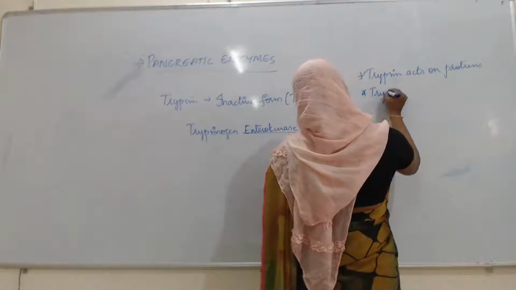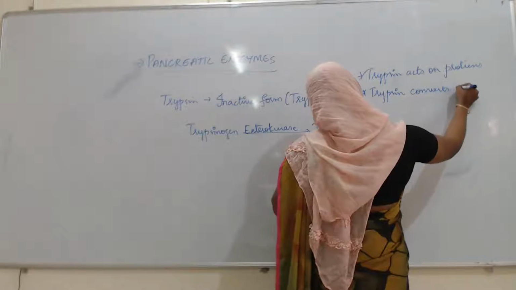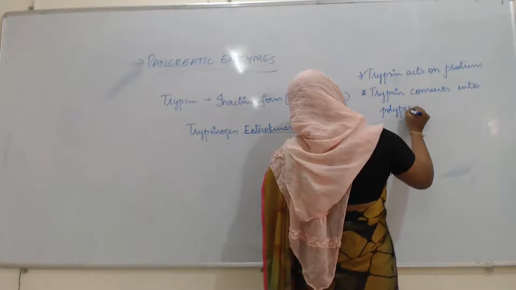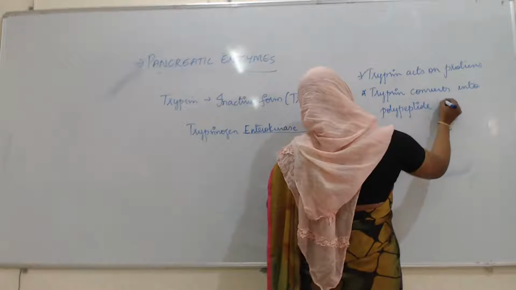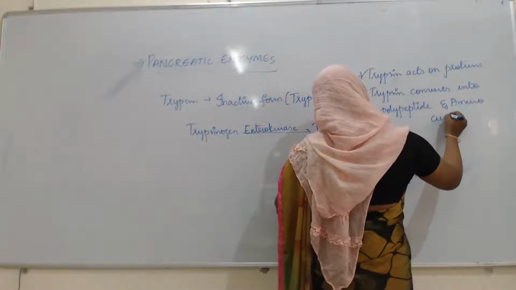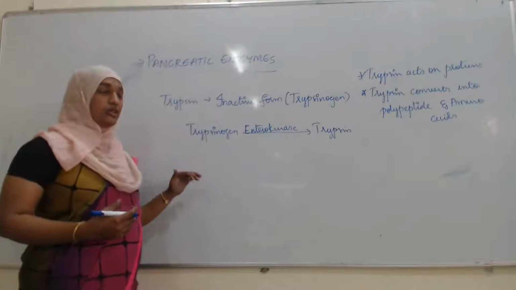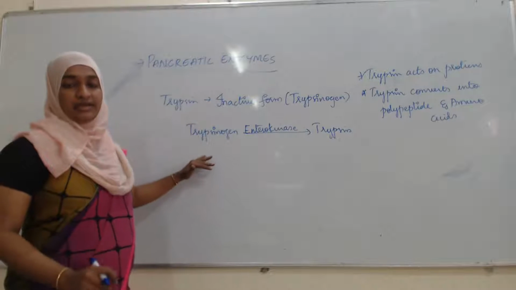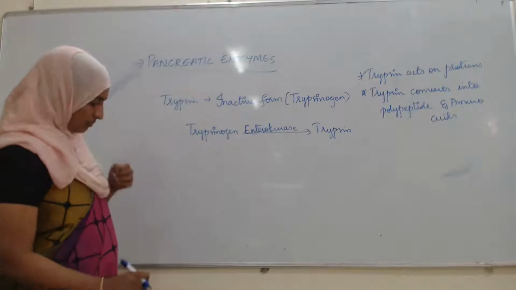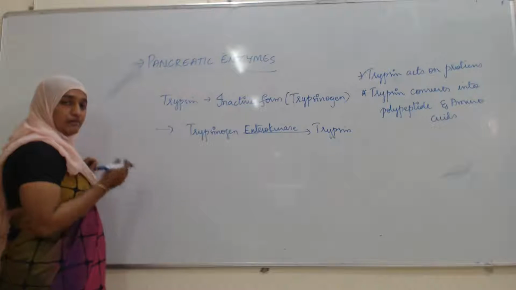Let's see the reaction, how trypsin is going to convert the protein into polypeptides and amino acids. This is the first reaction of the pancreas.